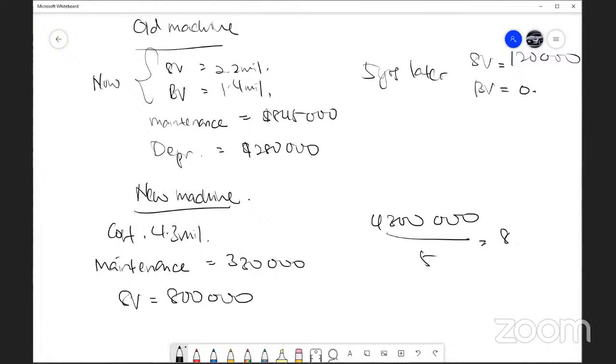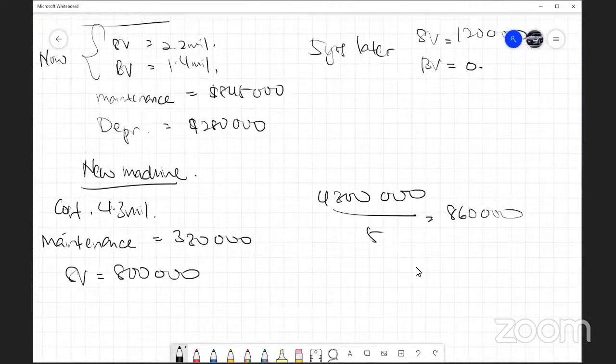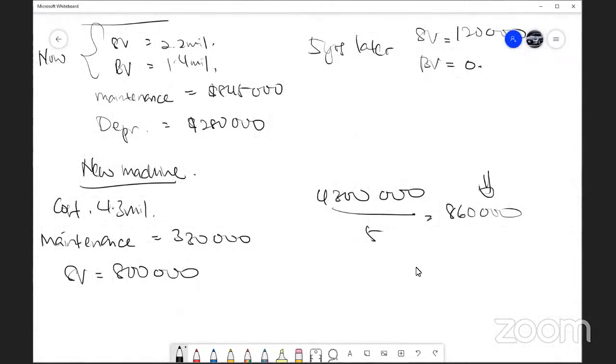Sorry, 860. Okay, $860,000 depreciation per year, fully depreciated by the straight line method.